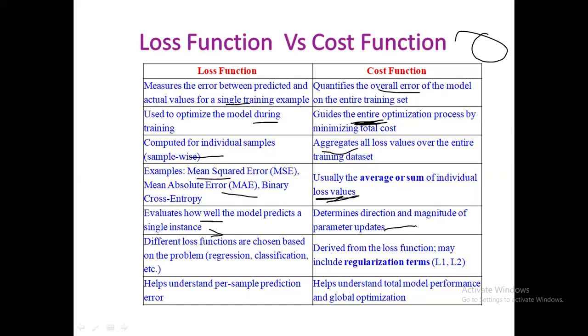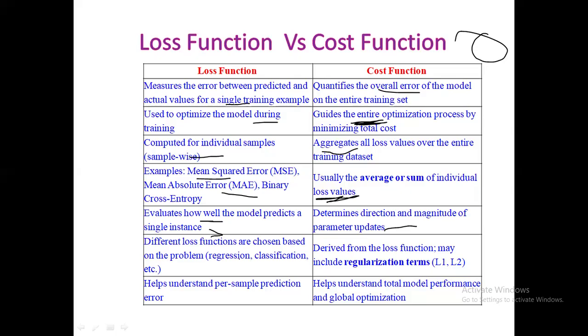Whereas the cost function is used for optimization, because it determines the direction and magnitude of the parameter updates, that is, how much and in which direction the model parameters, meaning weights or biases, should change. This ensures smooth and consistent learning across the entire data set.